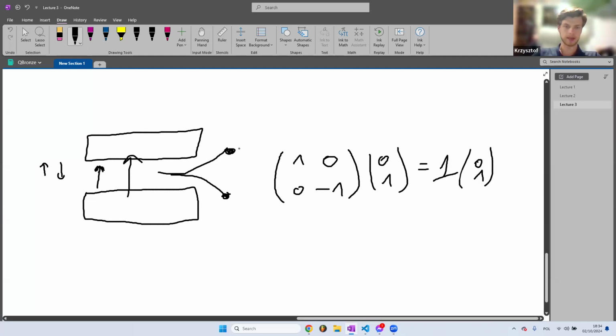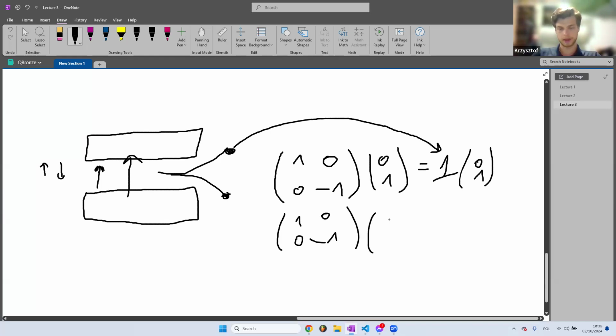So you can say that the energy of this system is 1, but you can also imagine a qubit in the state of 1 and 0. And in that case, the energy of this system, I'm sorry, I made a mistake here. It's actually reversed.